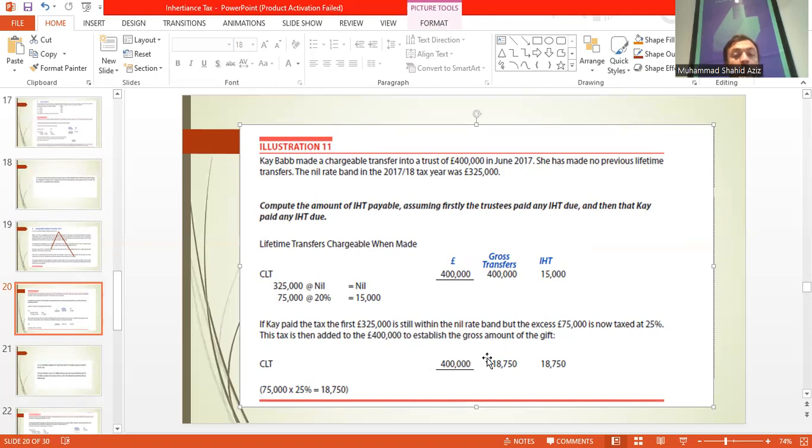So the gifted amount will be 418,750, and the tax is 18,750.